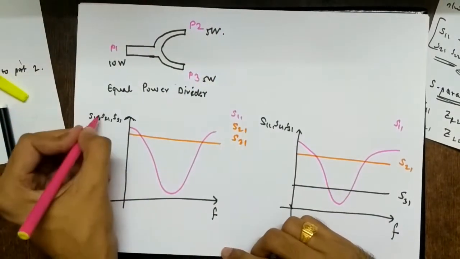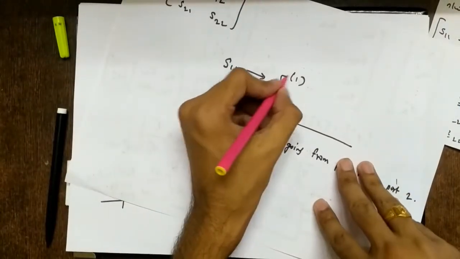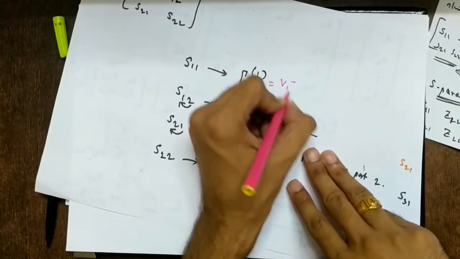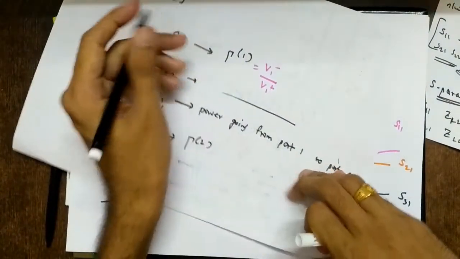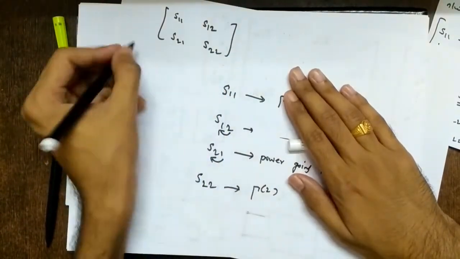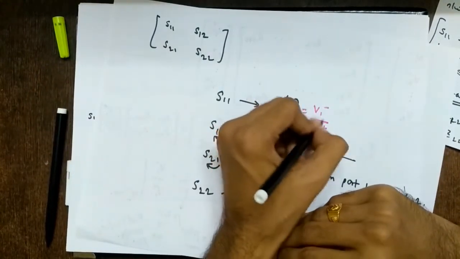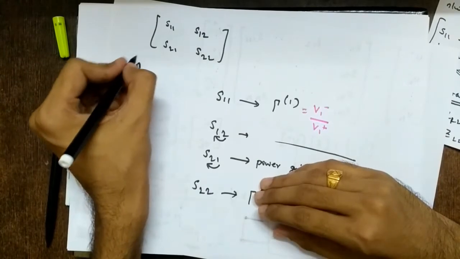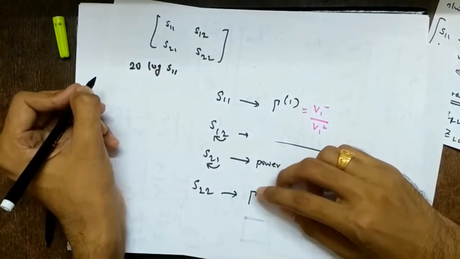Usually these are given in dB; I forgot to mention that. Let's take the example of S11 in dB as gamma. Gamma is V1 minus upon V1 plus. S11 is usually given in dB, and this is in terms of voltage, so to find S11 in dB, I will take 20 log of S11.